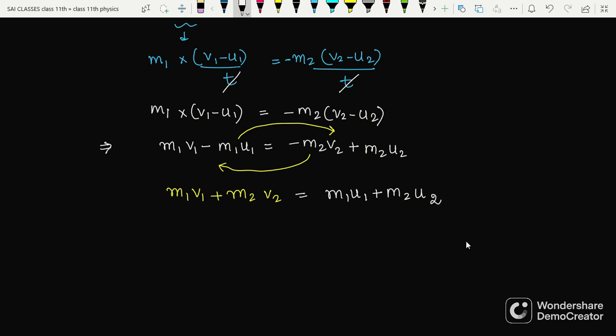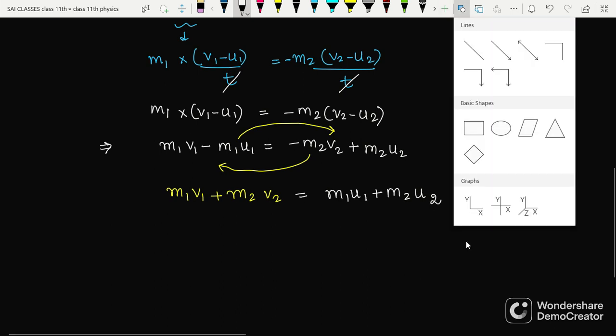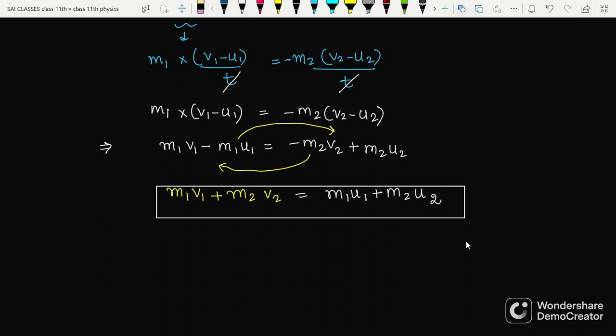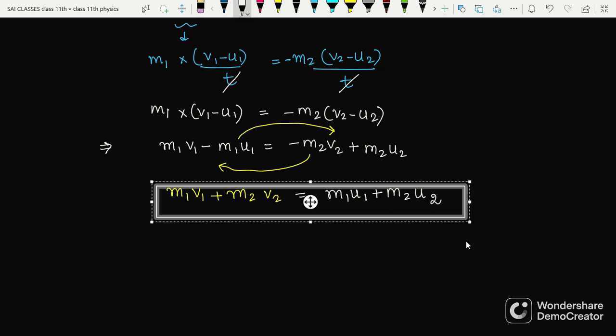Got the point? This is the equation which shows the conservation of momentum. You have to mark it and write it down.